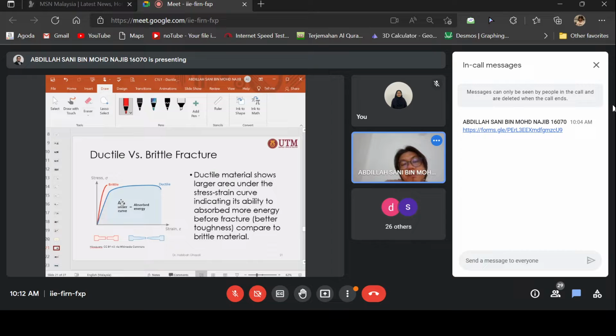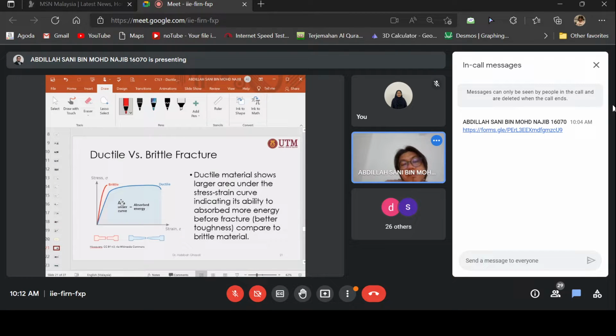Okay, so as you can see, this one is stress. Stress is, well, if you remember, force over area, right? The strain is, well, elongation over the initial length.